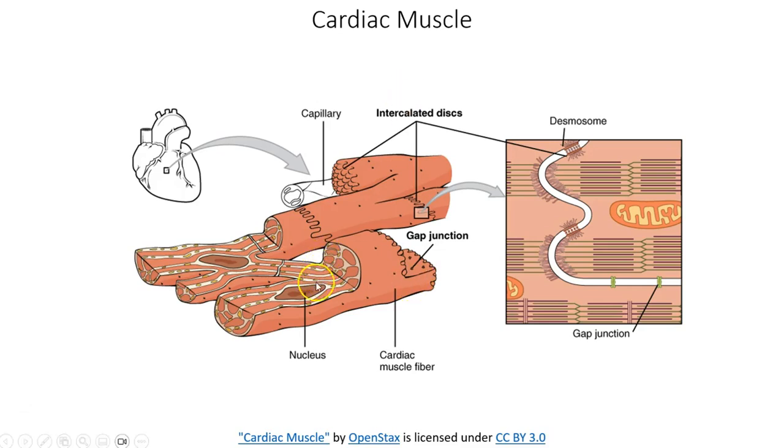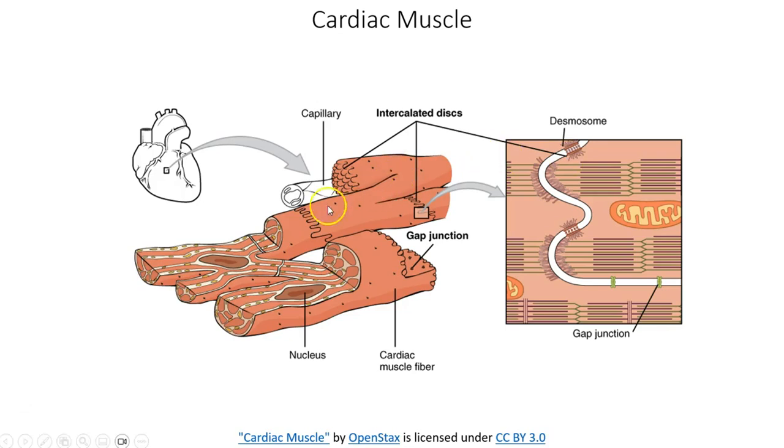So cardiac muscle cells are in a Y or X-shaped structure depending on the exact cell, and each branch of that Y or X is going to connect to a neighboring cell through those intercalated discs. We also have desmosomes present and some gap junctions for the movement of ions and stuff like that through these cells, but those intercalated discs are really, really important, and they include these anchor junctions, these desmosomes, and the gap junctions.